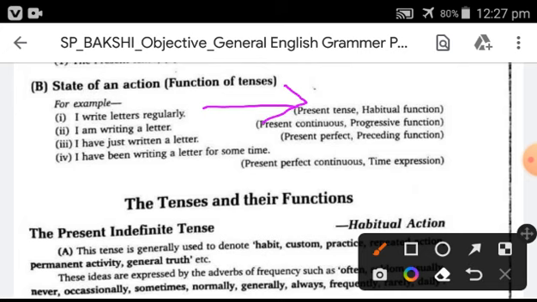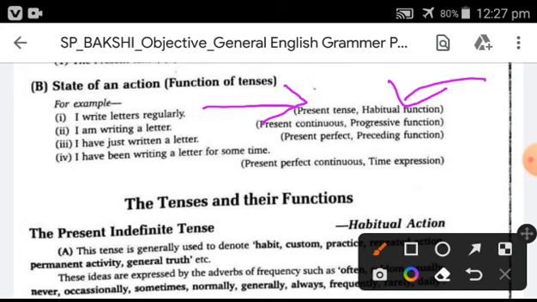It may be on a daily basis, or it may be monthly or yearly. So the first sentence shows my habitual function. What type of function is done by I? Habitual action.